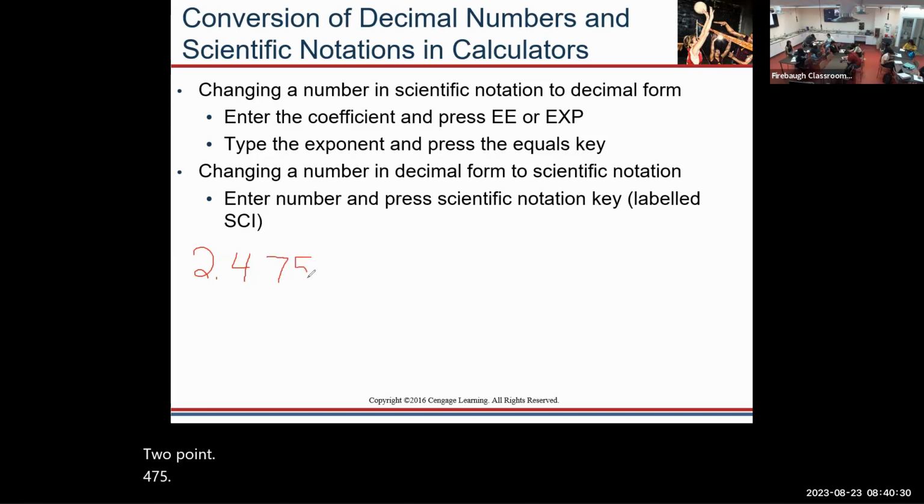2.475 times 10 to the 24 divided by 6.36 times 10 to the negative 36.